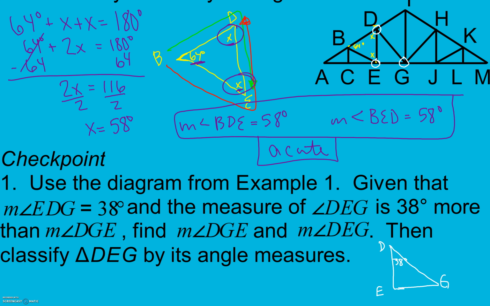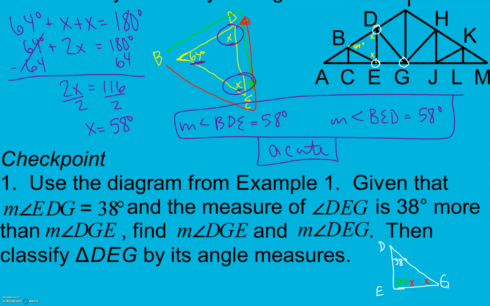And the measure of DEG is 38 degrees more than the measure of angle DGE. And we don't know what that angle is, so I'm going to make that an x.